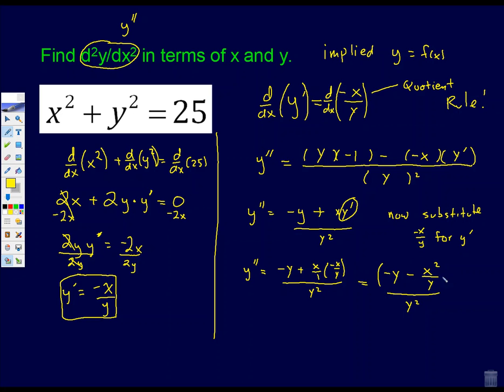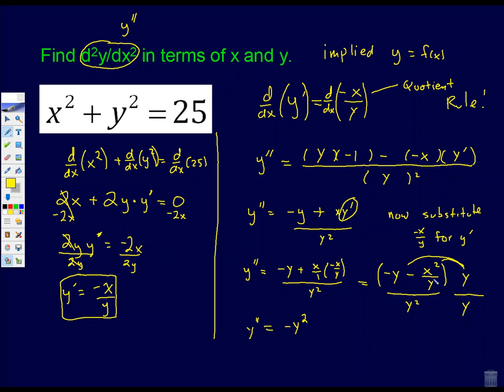So my last little bit of simplifying is to multiply above and below the main fraction bar by the denominator of the little fraction, y, to kill that little fraction. Across the top, all times y. I'll start on the left. Y times the negative of y is negative y squared.